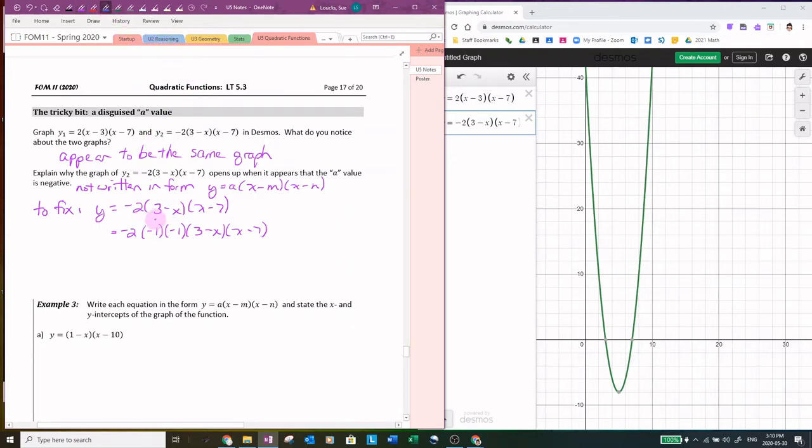Now I'm going to group things. I'm going to group those together, and -2 times -1 equals 2. And I'm going to group these two things together.